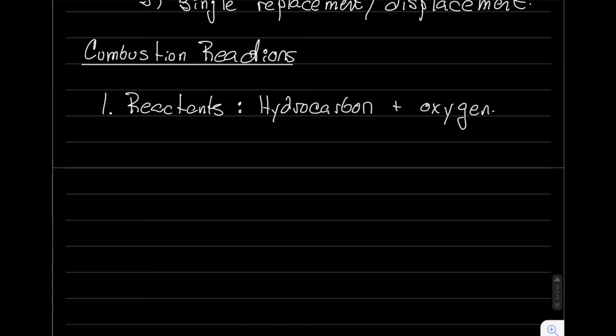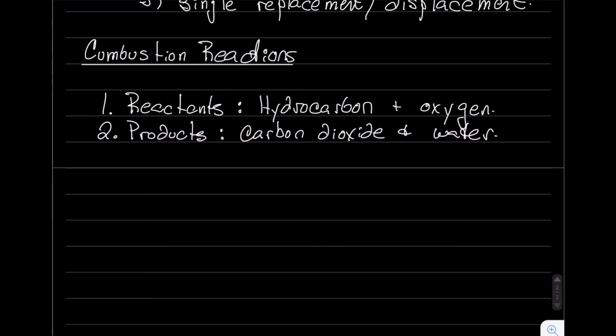Okay, so a hydrocarbon is something made up of just C's and H's, or C's, H's, and O's. And the products are always going to be carbon dioxide and water. So the cool thing is for these, you don't really have to predict the products. They're always the same, carbon dioxide and water.